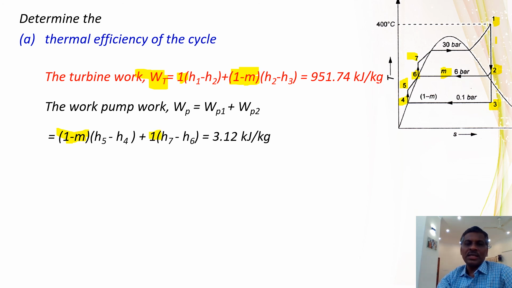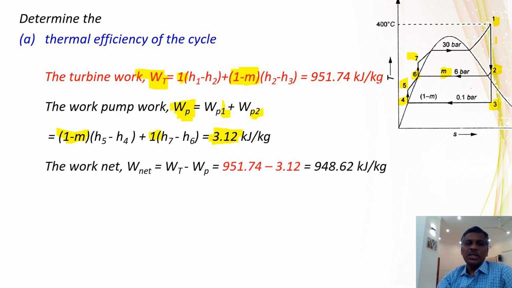So this is very crucial here. If you put together, that is your pump work, which is an addition of pump 1 and pump 2. So net work is nothing but the turbine work minus the pump work. So you will get the net work.